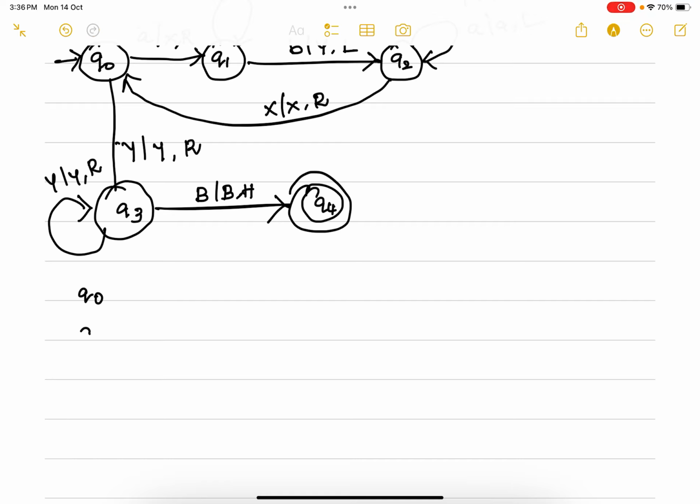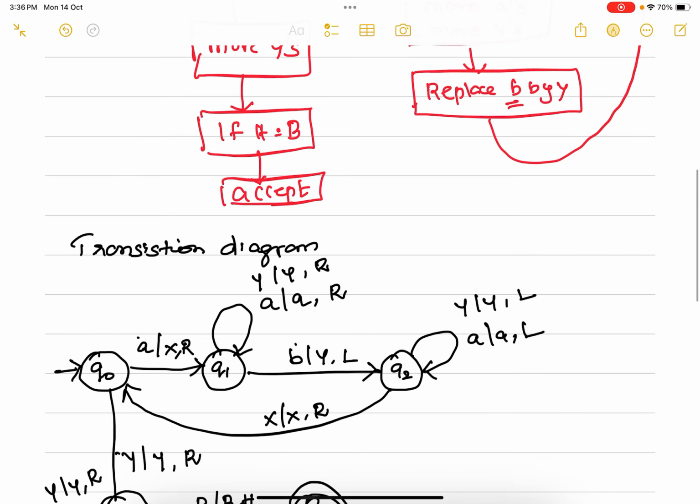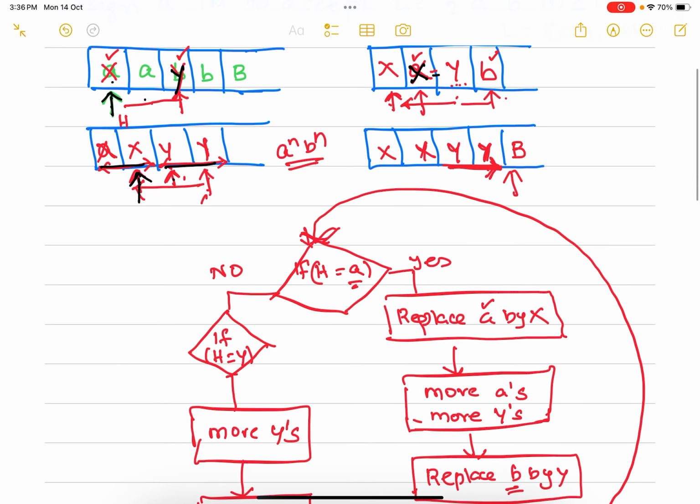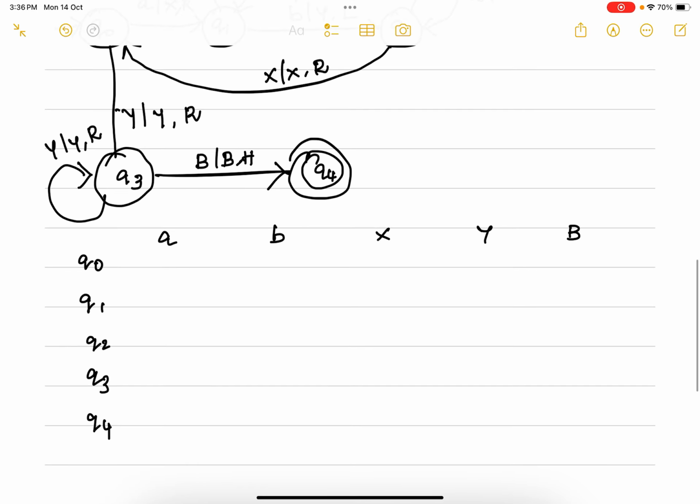Now you give the states Q0, Q1, Q2, Q3 and Q4. What are the possible inputs? A can be a possible input, B can be a possible input, X, Y and blank. These are the possible tape symbols that will be in columns.